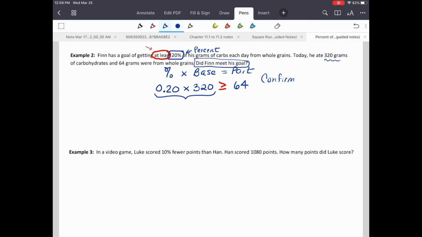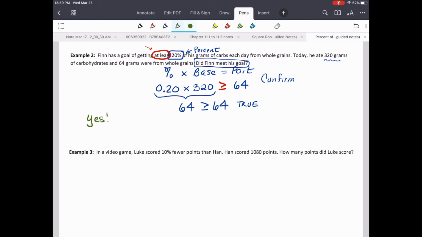So just multiply 0.2 times 320, and you'll notice you get 64. So 64, and I'm going to write down greater than or equal to 64. And that is a true statement right there. So you can say yes, the answer is yes.